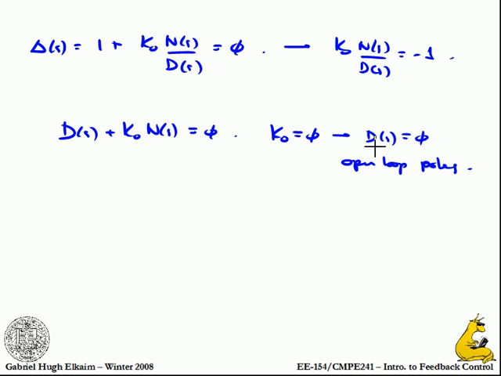D of S equals 0 is nothing more than the open loop poles. When K naught is infinity, then divide through by K naught, that one goes to 0. I've got that N of S equals 0, which are nothing more than the open loop zeros.